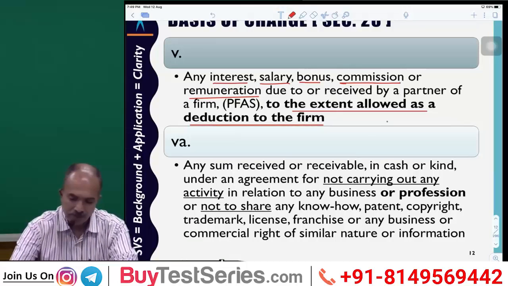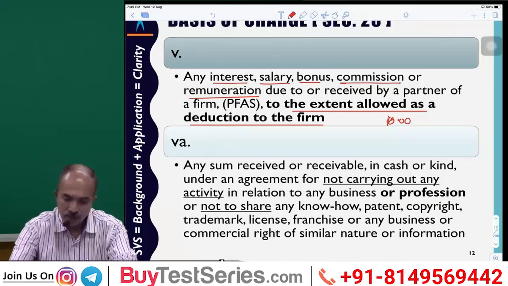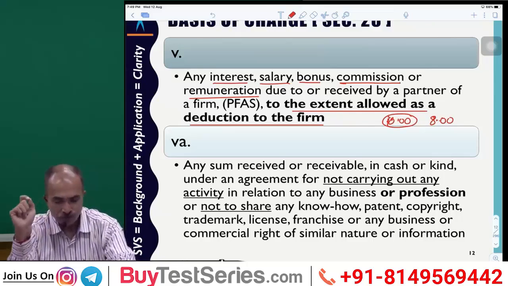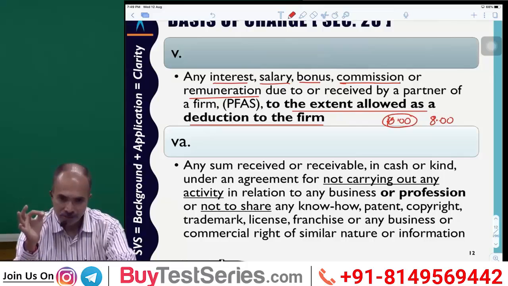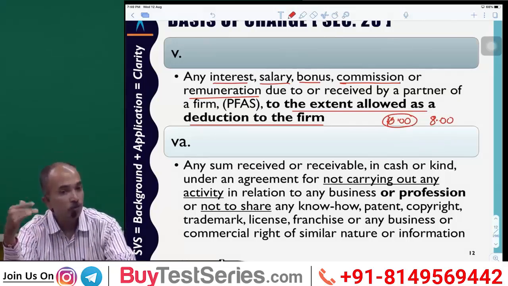See, the partnership firm in its P&L has shown, say, 10 lakh remuneration to partners. Allowed, because you know allowed is as per percentage of book profits. Allowed is 8 lakh. So though your capital account shows remuneration from firm 10 lakh, you will be showing in the computation 8 lakh. जितना deduction firm को मिलेगा, same amount will be taxed to partner, not more amount.